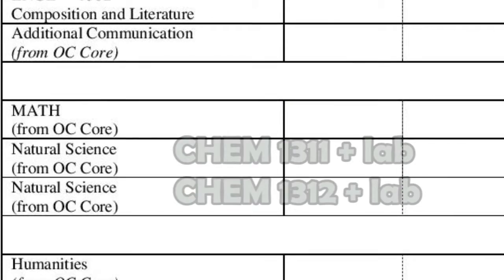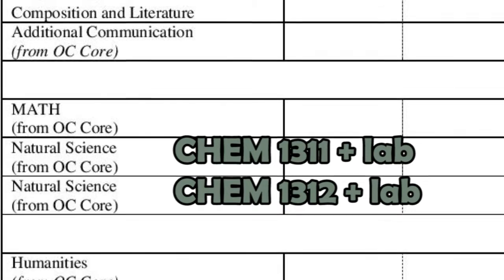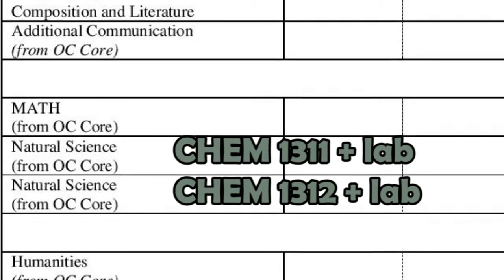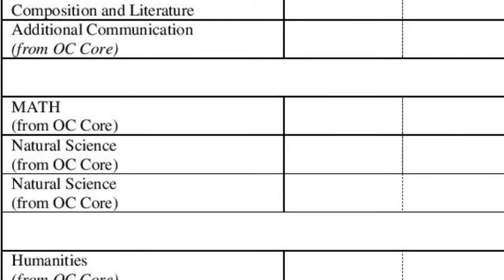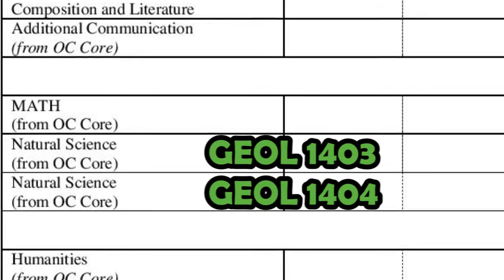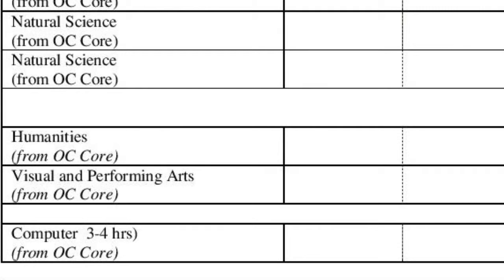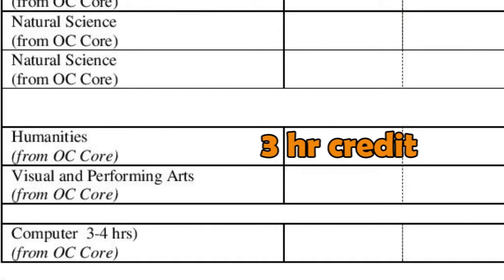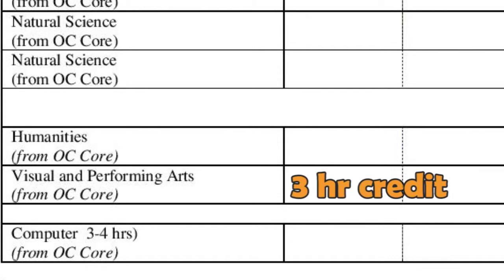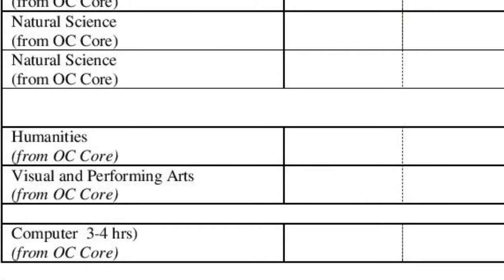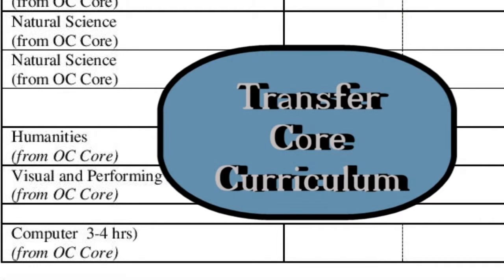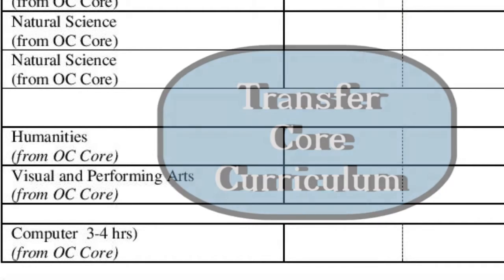However, you can take Chemistry 1311 with the lab and Chemistry 1312 with the lab, or Geology 1403 and Geology 1404. In the next section, you will need a 3-hour humanity credit and a 3-hour visual and performing art credit. You can pick any classes listed in Odessa College's catalog under Transfer Core Curriculum in these categories.